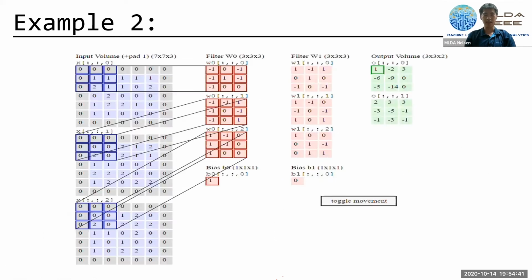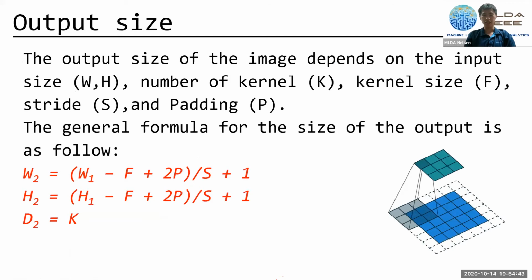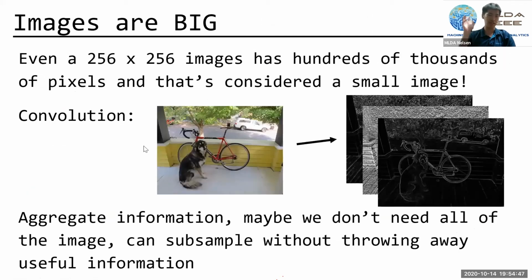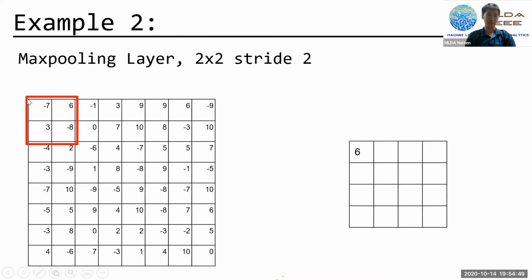For pooling, what we do is like convolution, but instead of doing multiplication with a filter, we just find the maximum out of that specific matrix. Let's say the pooling is 2 times 2, and the stride is 2. That means out of this 2 times 2, what is the maximum? 6 is the maximum, so we put 6 here.